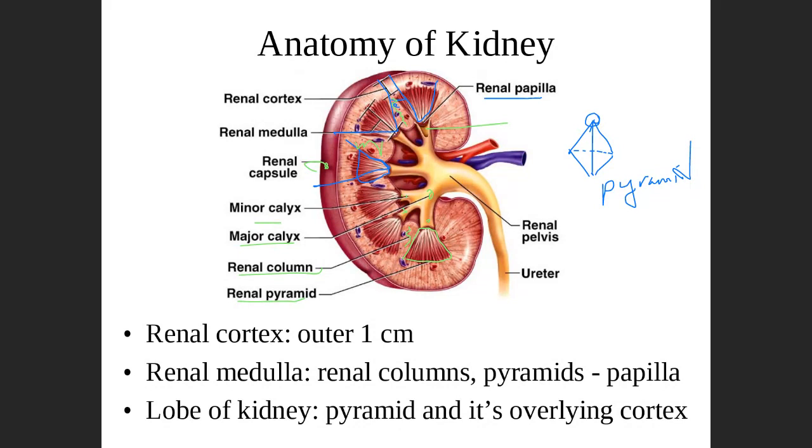And this part here is known as the renal pelvis, and then you have your ureter. So again, this is just anatomy. You might see this again in the lab.